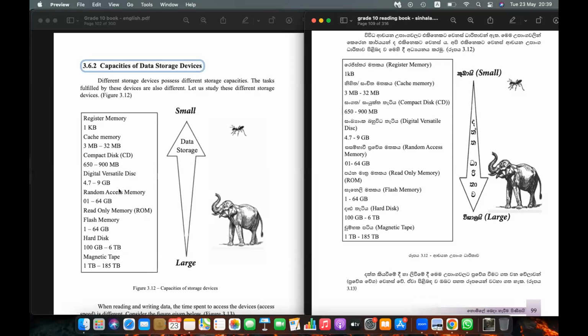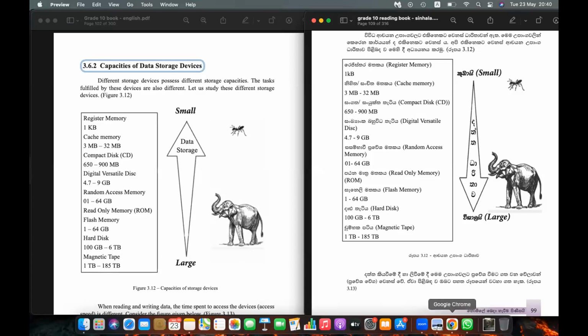Because if you learn from the book and buy a hard disk and go for an interview or some practical situation, you can see this is wrong. Hard disk 6TB? No. Now super hard disks have super capacity.